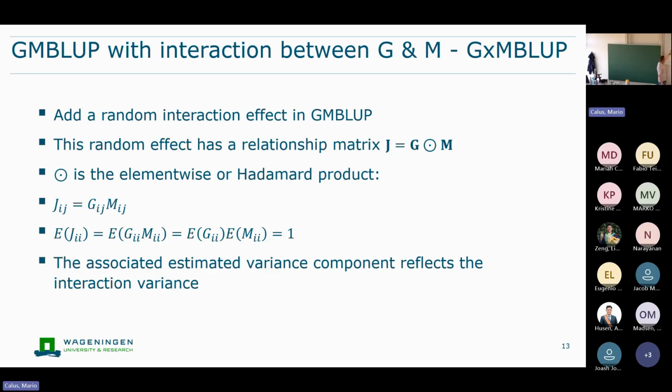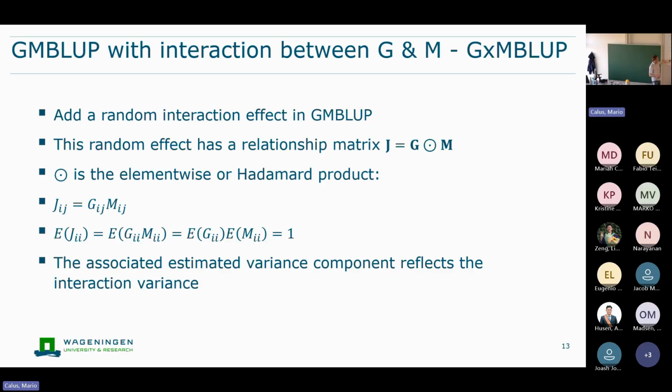If we look at the expectation of these diagonal values, computed like this, that's the expectation of the product of the diagonal values of G and M. If these are independent, we can write it as a product of their expectations, and each of them has an expectation of 1, so this expectation should be 1. That means we can just do the computation like this, and we don't need to standardize this matrix any further. Right?